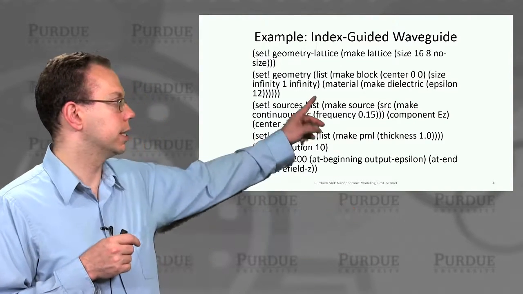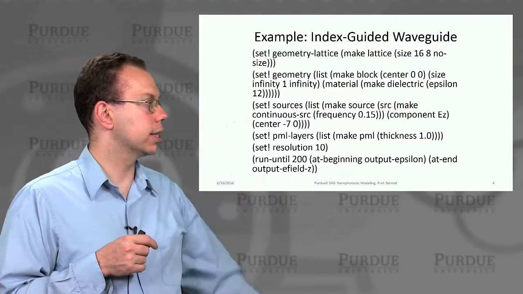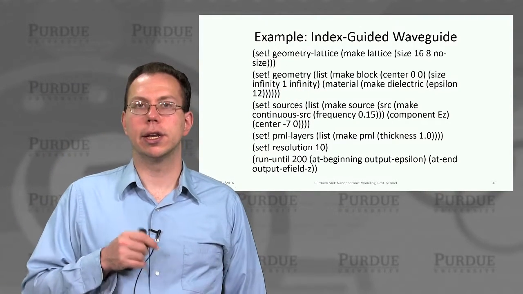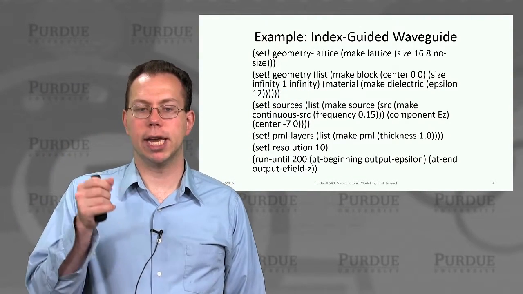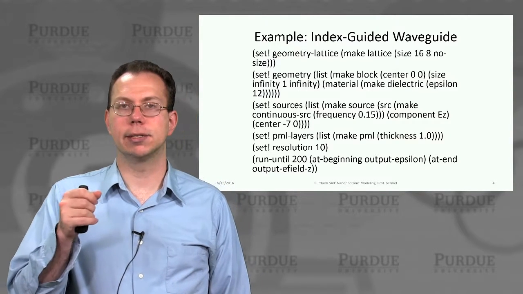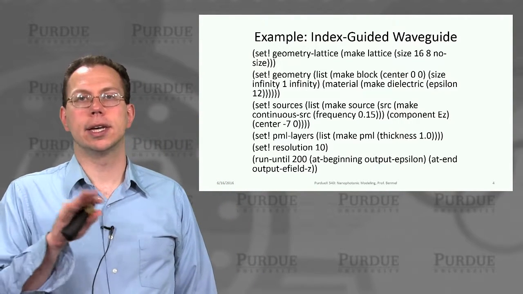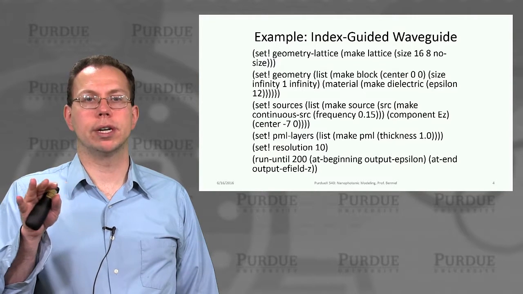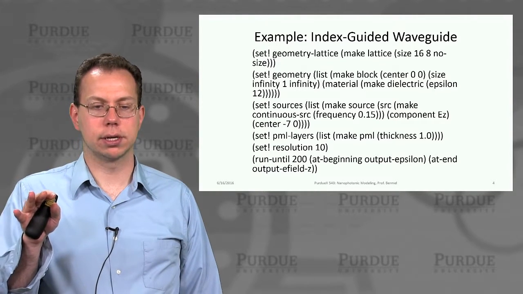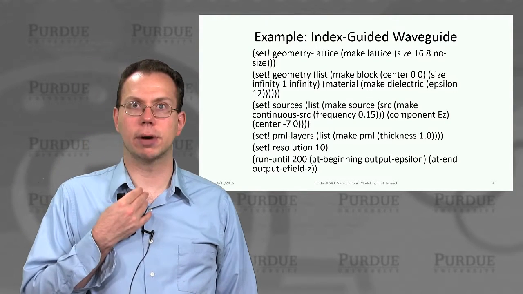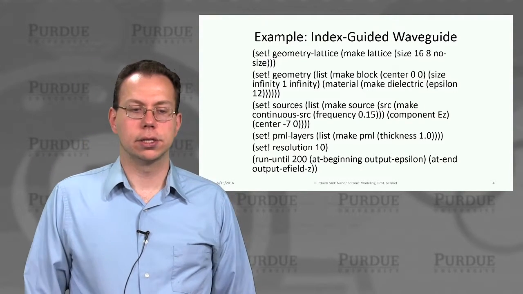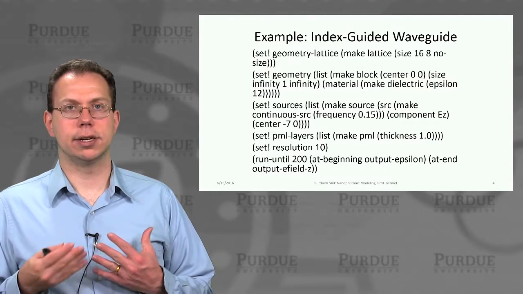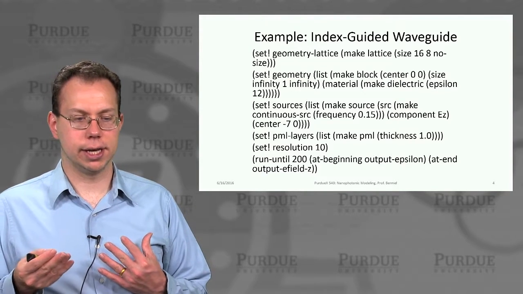In the first line we're just setting the lattice to be a certain size, and you notice that it's 16 by 8 by no size. No size is a special command that tells you that this is a dimension that we don't want to compute, so we just leave it out. That says it's a 2D problem instead of 3D. That's why we have the ability to get arbitrary geometry very easily.